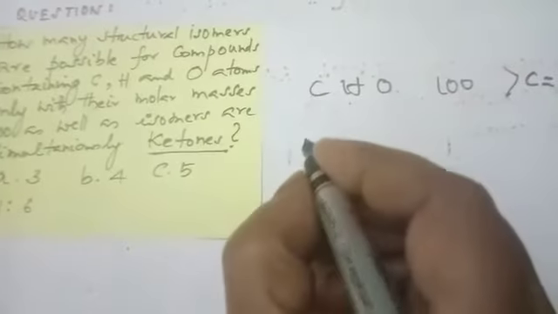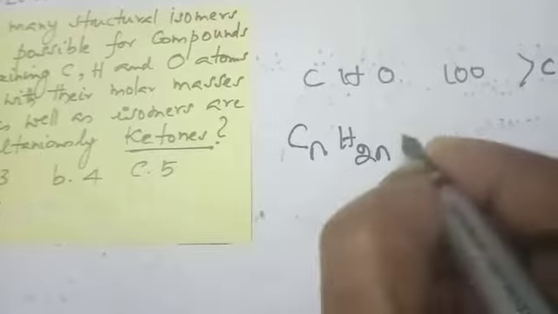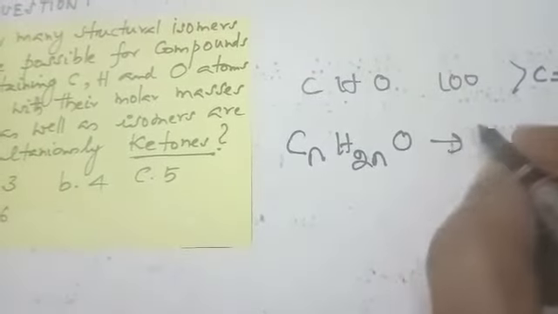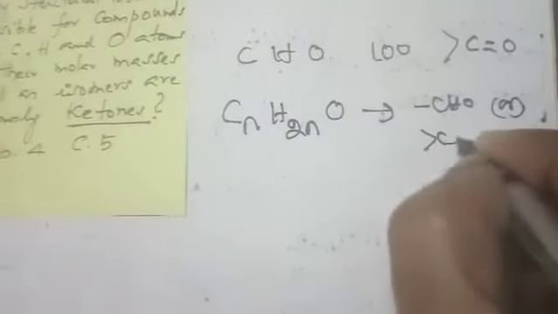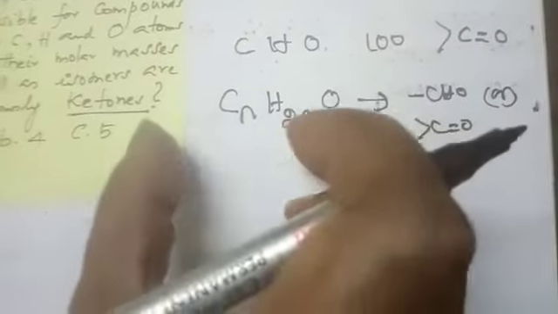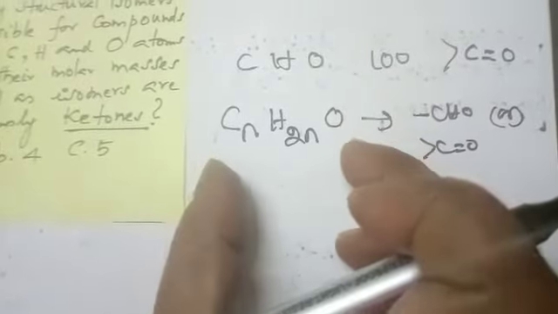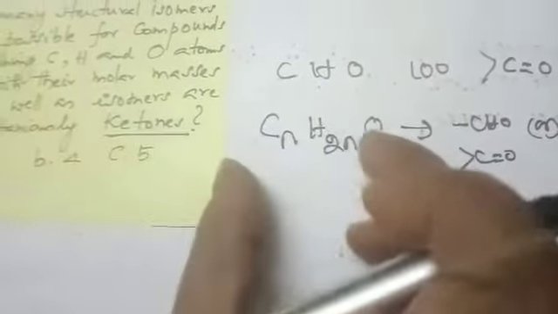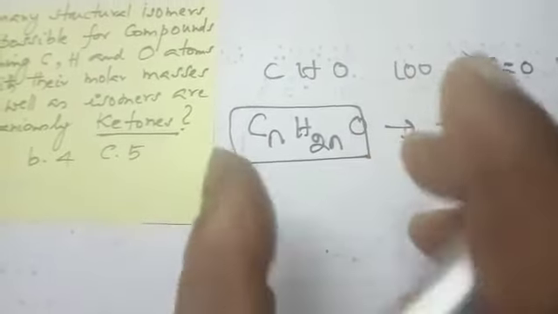The knowledge I told is that when you have an alkane with O as the functional group, you can take it as an aldehyde or ketone. Since here it is a ketone, I am taking this as the molecular formula for ketone.